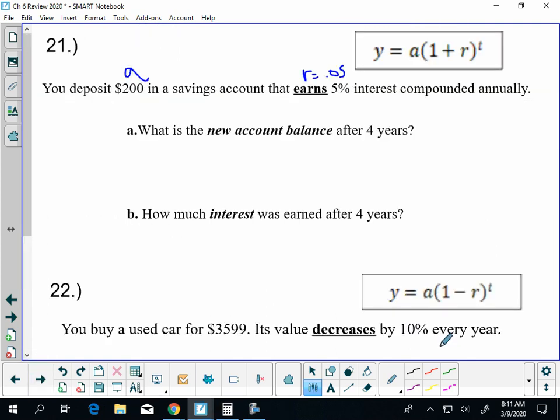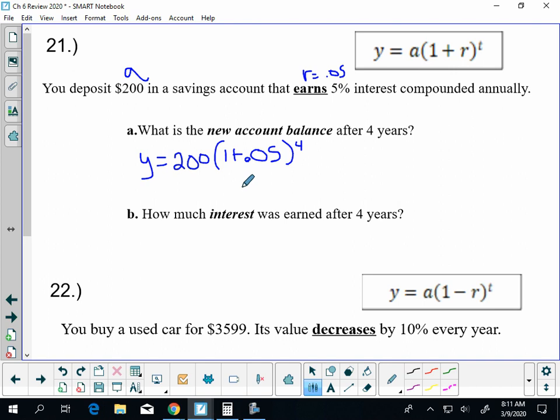All right, on this one, we are doing our word problems. What will the account balance be after 4 years? Well, we're starting with 200. You're earning 5%, so that's 0.05 to the fourth.